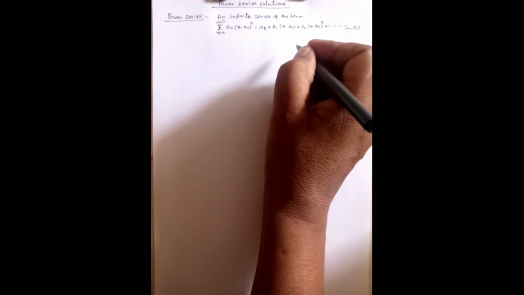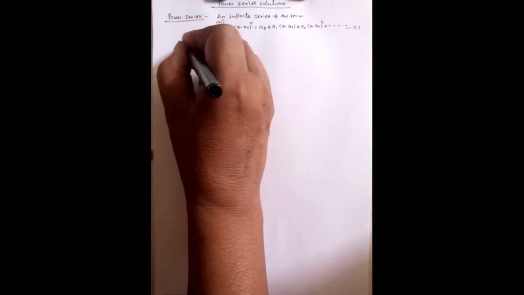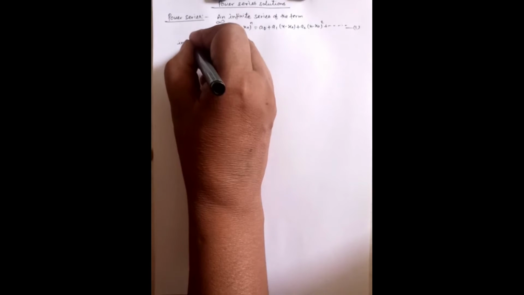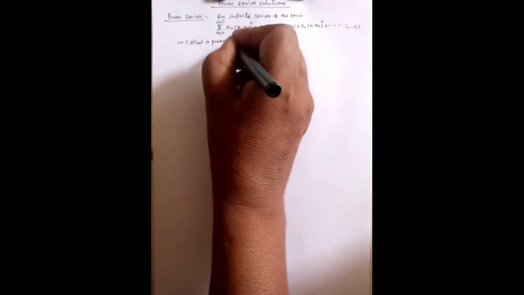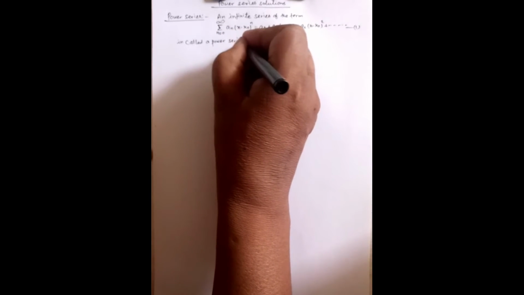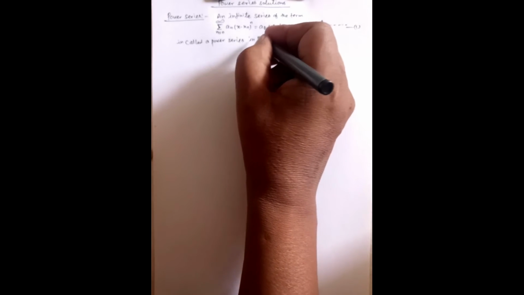So this is equation number first, called a power series in x minus x naught.